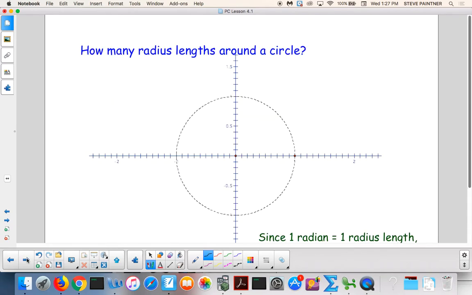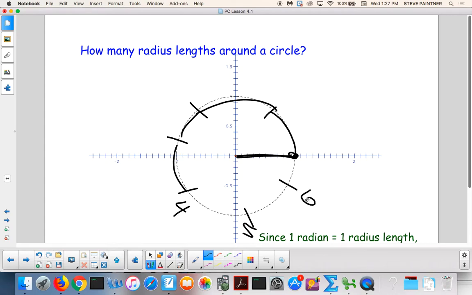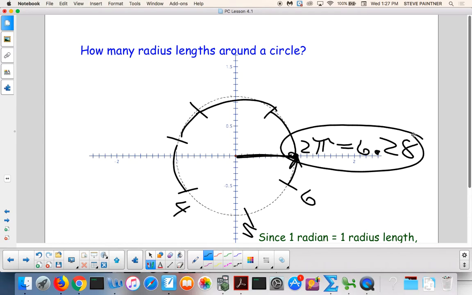This should be an easy slide. How many radius lengths around the circle? How many of these can I wrap around? 2 pi. 1, 2, 3 would land here, 4 would land here, 5 would land here, 6 would probably land here. And you said what? 2 pi, which is 6.28 radians around the circle.